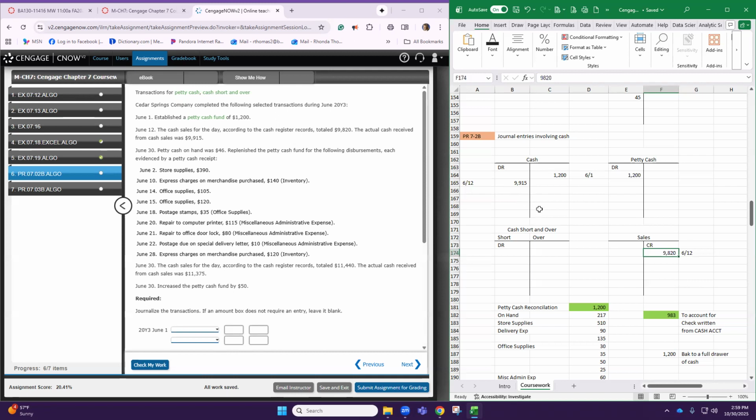So you take 99.15 and you subtract 98.20 and you get $95. Okay, $95 is the difference between the actual cash, and you only record the actual cash in the cash account. And then, so our drawer is long, $95, I believe.